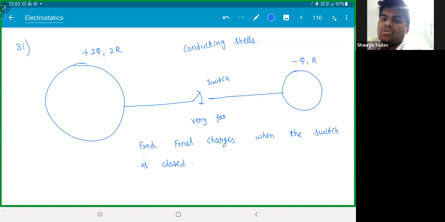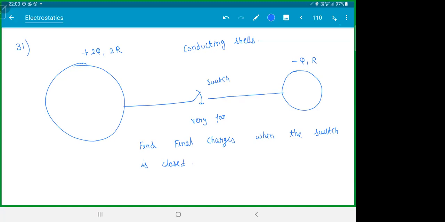Size is not same. See, first thing, so when you connect them, what happens?